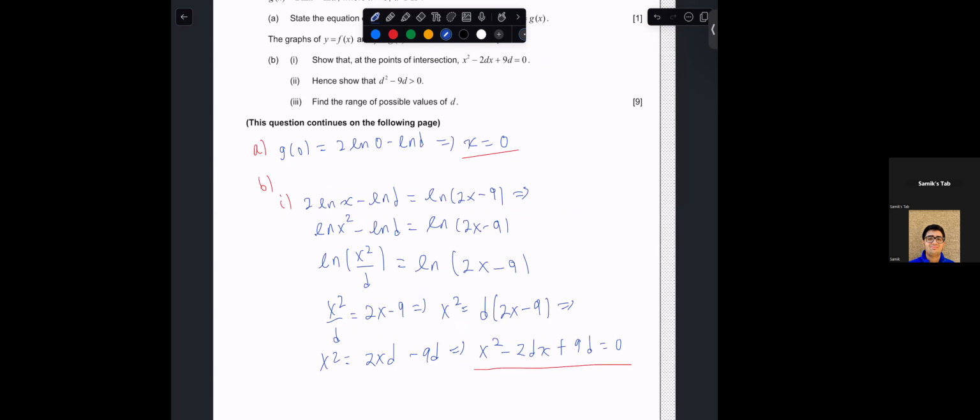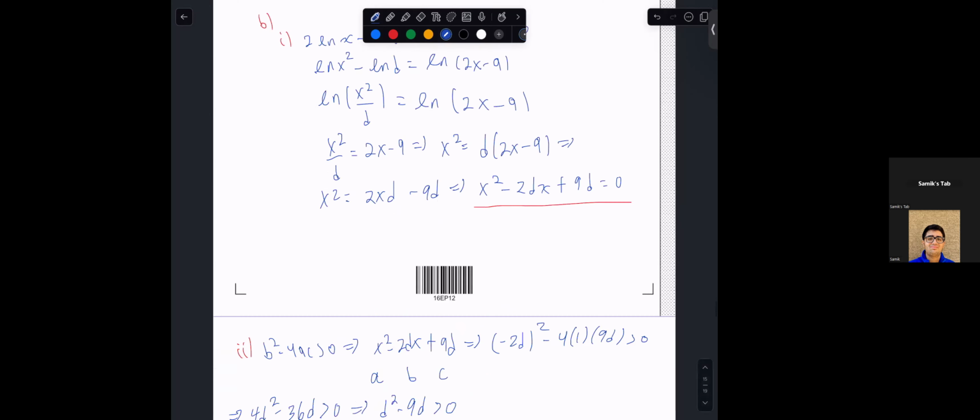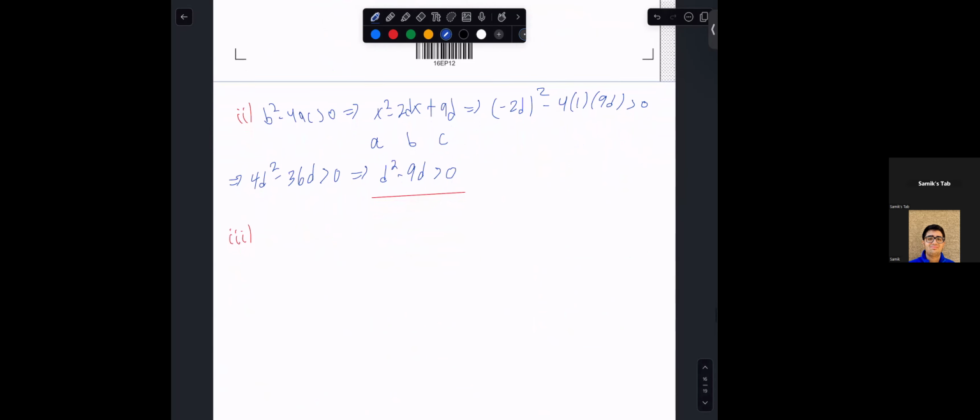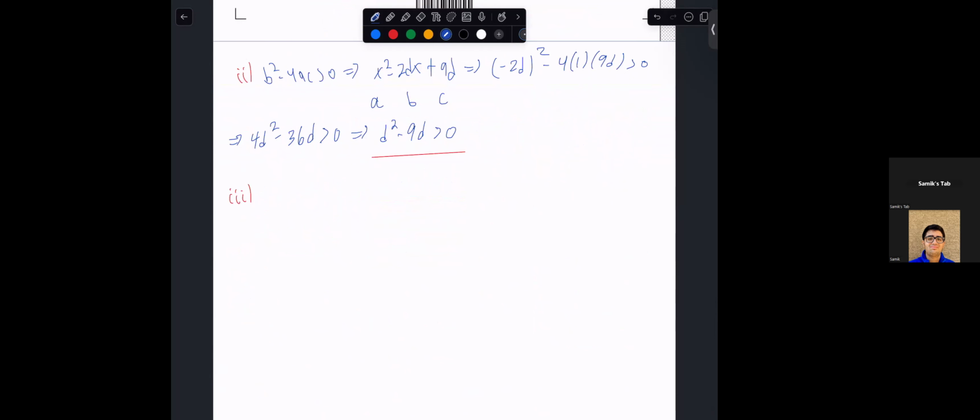Now you can factor this to solve it: d into d minus 9 is greater than 0. So we have d is less than 0, and d is greater than 9.